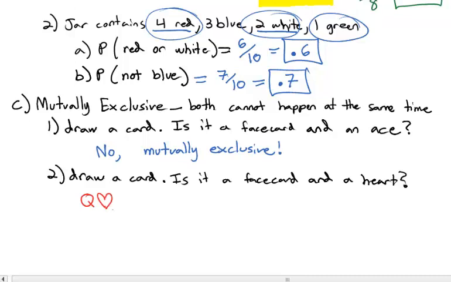That is a face card and a heart. So these two options are not mutually exclusive. So yes, you could have the Queen of Hearts, therefore they are not mutually exclusive.